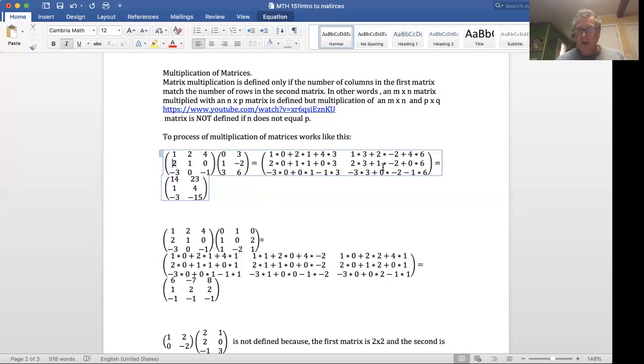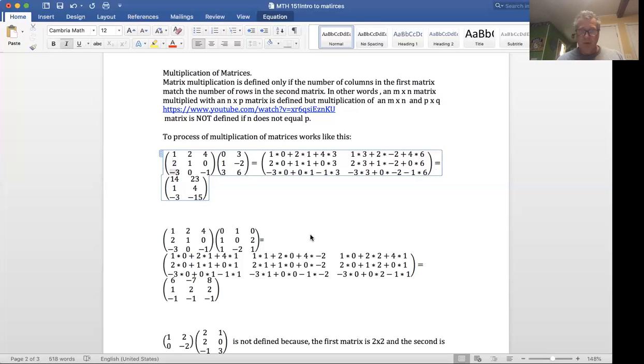That's the 0 times minus 2. And then finally, that third element in the third row times third element in second column. Minus 1 times 6. Add that up, we get minus 15.